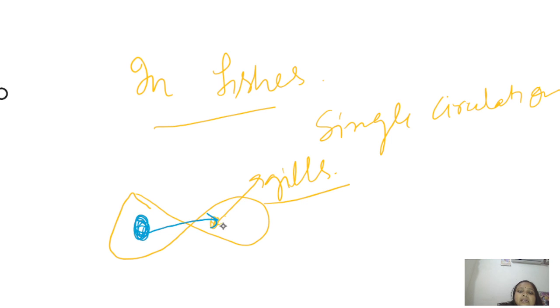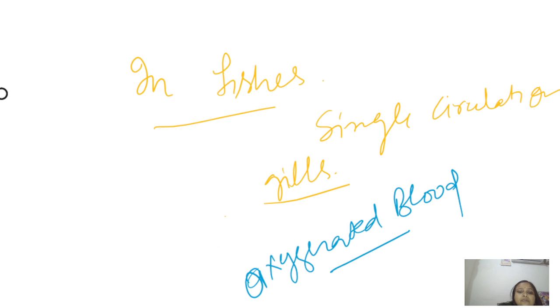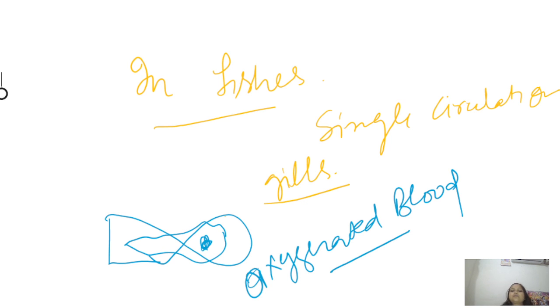It goes to the gills. Here it is converted into oxygenated blood, and this blood goes to the whole body. So like this, in the gills it is getting oxygenated, and the oxygenated blood moves to the whole body. So like this, single circulation and double circulation take place in different organisms.